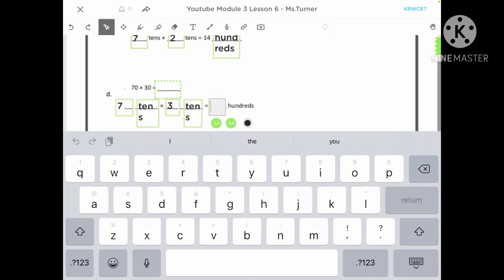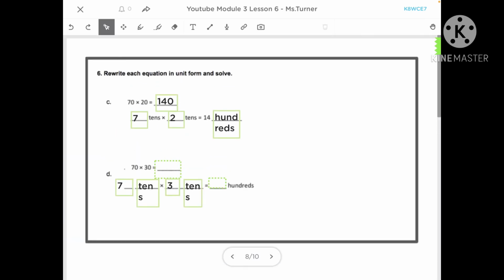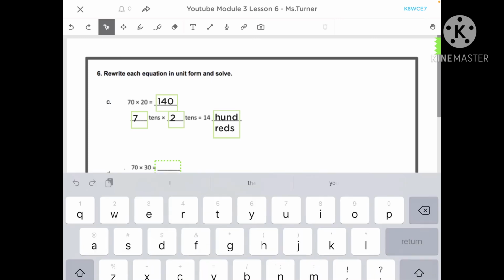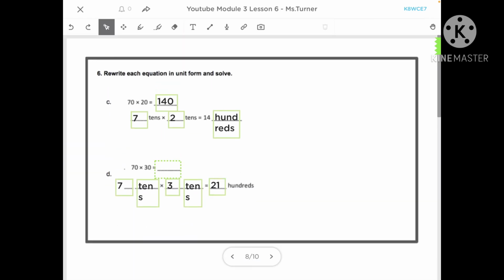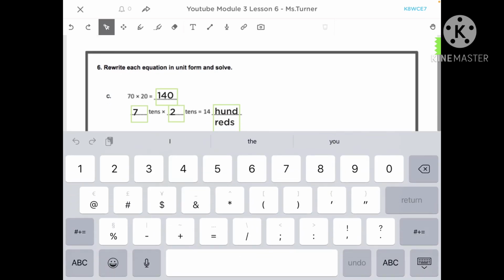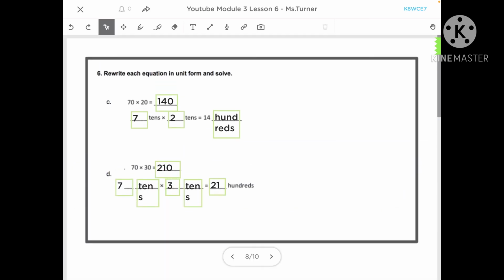Good, times 3 tens equals blank hundreds. 7 tens times 3 tens equals how many hundreds? What do you think? Yeah, I agree, 21 hundreds. And how do you write 21 hundreds in standard form? Good, 2,100. Fantastic job, you guys.